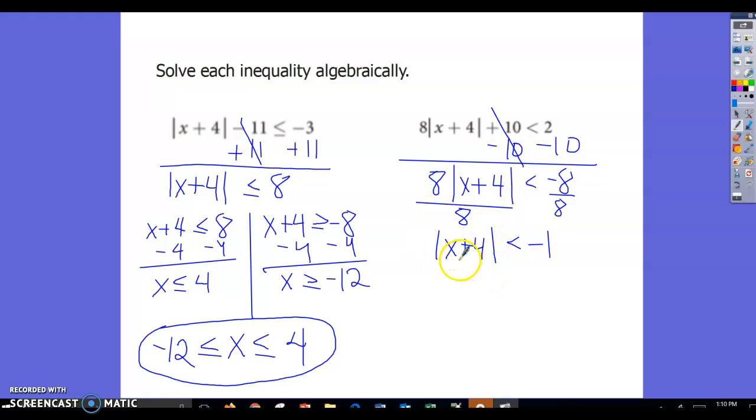It has been translated over 4 units, but that still doesn't change the fact that it can't be less than -1. Now, if that said greater than -1, we could solve that, but this says less than -1. So again, this is one that has no solution. All right, so that's a couple examples to help you get started. If you have any questions, please let me know.